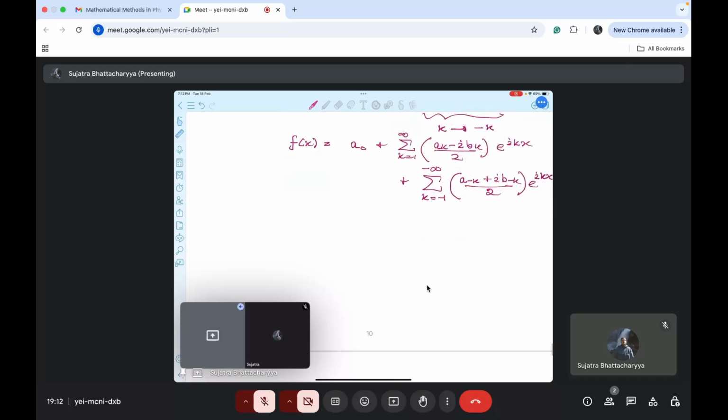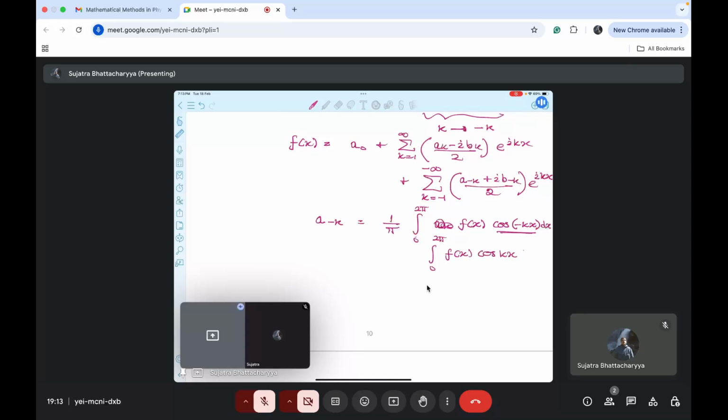Now, let's look at what the expression of a minus k will be. We know the definition. This is the integral from 0 to 2 pi of f(x) cos of minus kx.